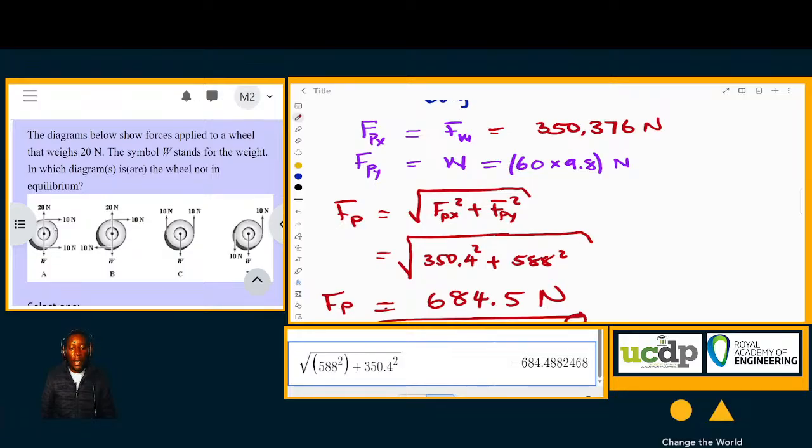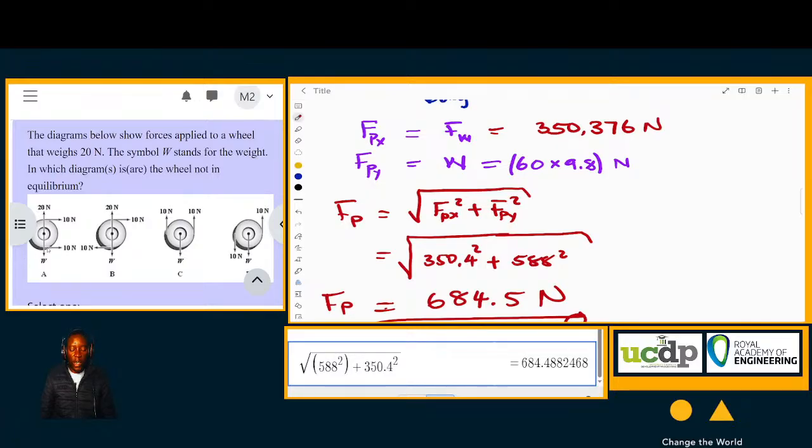So in case A, if we look at the translational forces, the net force vertically is 0 because W is 20 newtons. But then the torque, the rotational forces. Look at the horizontal forces: 10 plus 10 is 20 to the right. There's nothing to the left to counterbalance it. So already the condition of equilibrium is not met there.